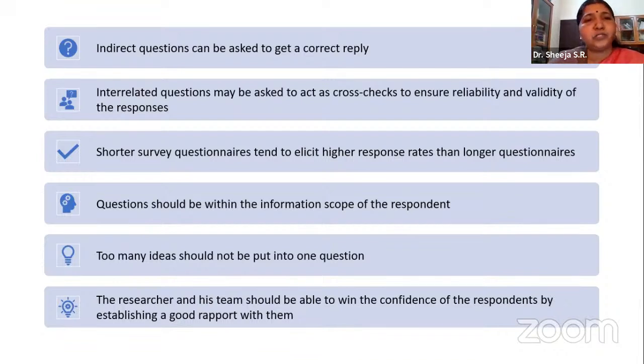Questions should be within the information scope of the respondent, and too many ideas should not be put into the same question. Try to win the confidence of the respondents by establishing a good rapport with them. That is also very important.